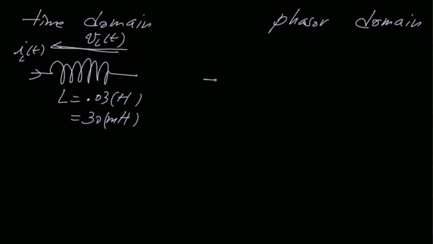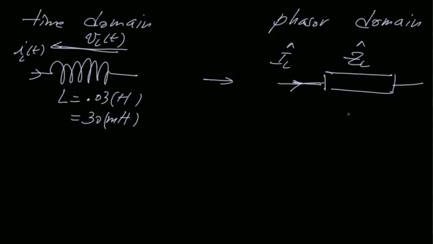Once we switch to the phasor domain, what happens? Well, the inductor is replaced with an impedance. We're going to call it ZL. It's a complex number. The directions, we're going to keep them the way they were. So this represents the phasor of the current, and this represents the phasor of the voltage across the inductor.